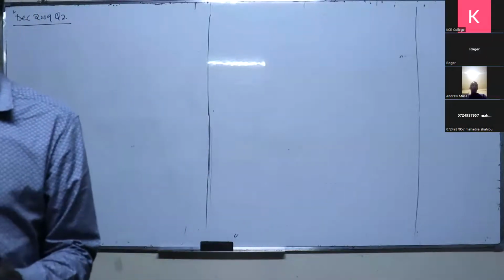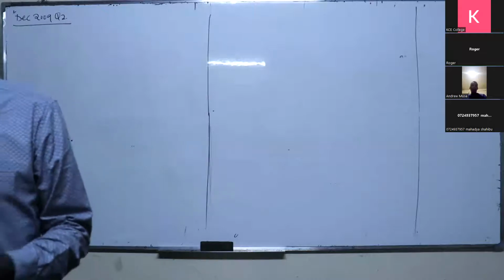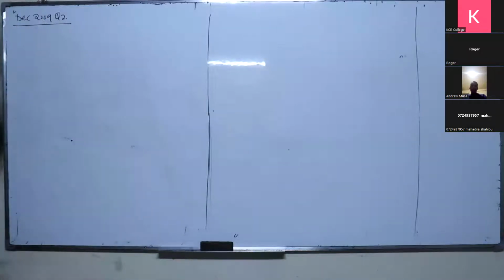So we want to determine the total cost of raising new funds. So the procedure is the same. You determine the component cost of capital, and this time round, you include the cost of retained earnings. Remember, when you're determining weighted average cost of capital, you don't include retained earnings. But when you're determining marginal cost of capital, you include retained earnings.